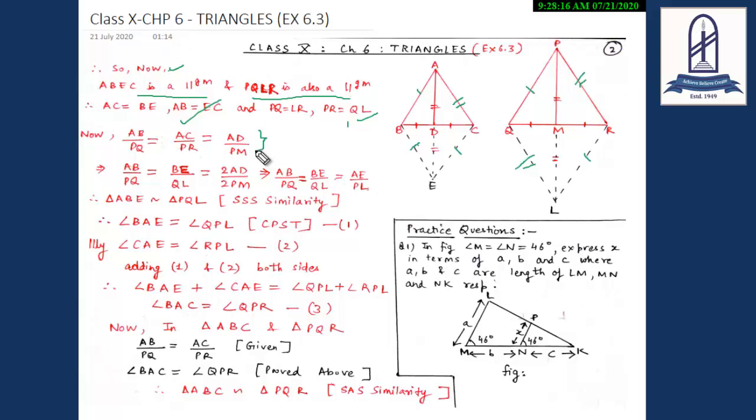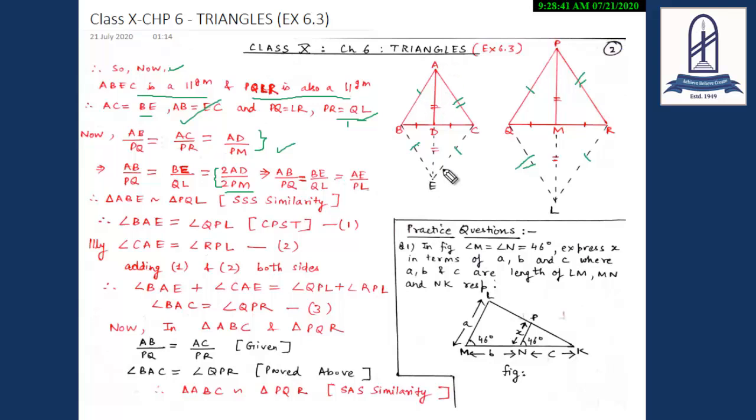So now, according to our given condition, AB upon PQ is equal to AC upon PR is equal to AD upon PM. So from here, we get AB upon PQ, which is equal to AC, and in place of AC we can write BE, and in place of PR we can write QL. So here we get BE upon QL, and this is equal to, when we take twice in the numerator as well as in the denominator, 2AD upon 2PM.